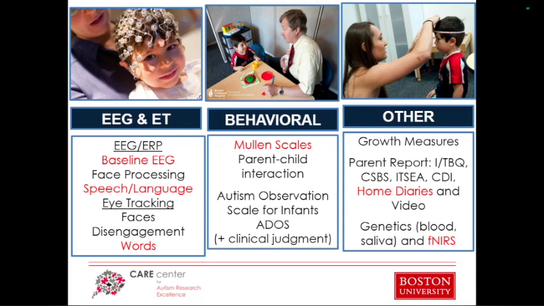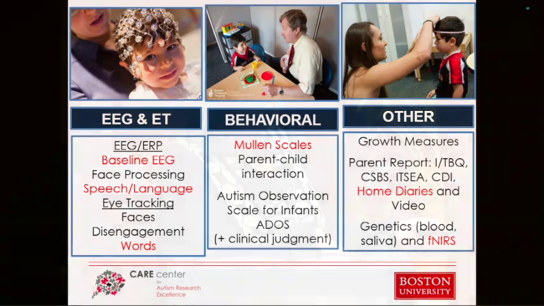We do behavioral measures. We use the Mullen scales, which is a developmental scales that focuses on language and motor and visual organization. We do with the infants a baby version of the ADOS, and then we do the ADOS from age 18 months.